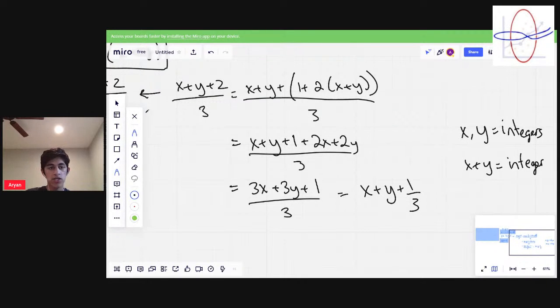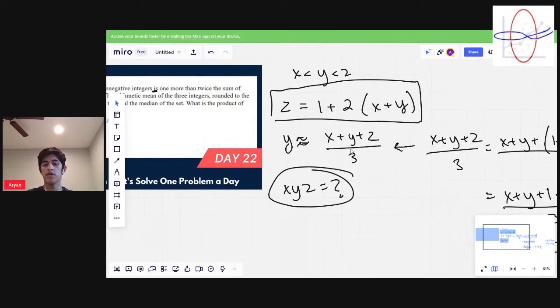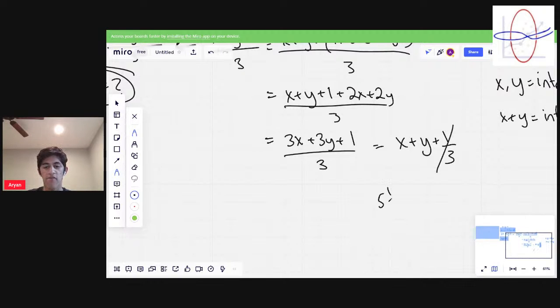Because the problem said that y is equal to the mean rounded to the nearest integer, we can just chop off this 1/3 because it's going to get rounded. Because x plus y plus 1/3 will be something like 5 and 1/3 or 10 and 1/3, and if you round this, you just get 5 or 10, which is just our x plus y component.